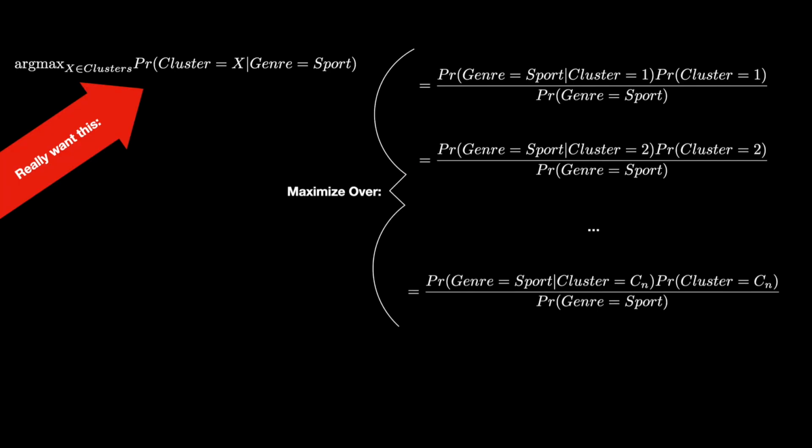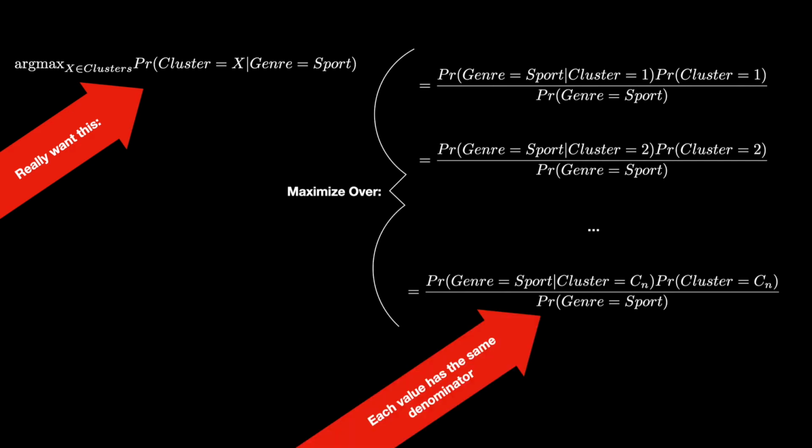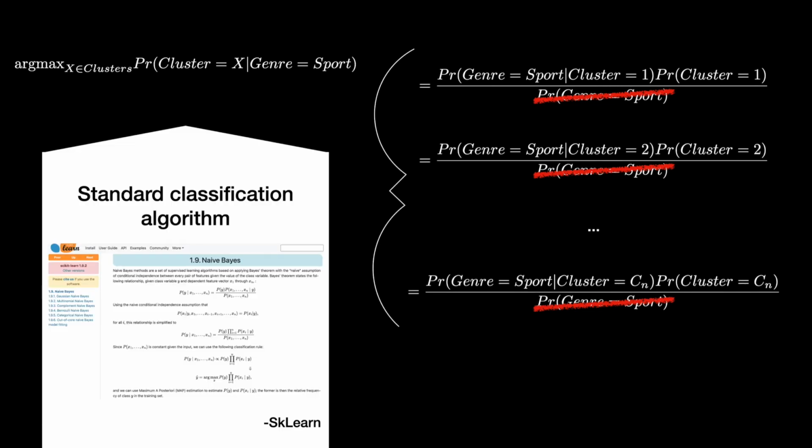So for each cluster in our data set, we can calculate these values. We don't actually care about the denominator here, so we're really only trying to maximize the numerator. What is the most probable cluster given this particular genre? In fact, this is a very standard classification algorithm.